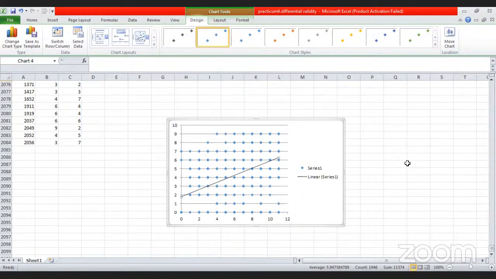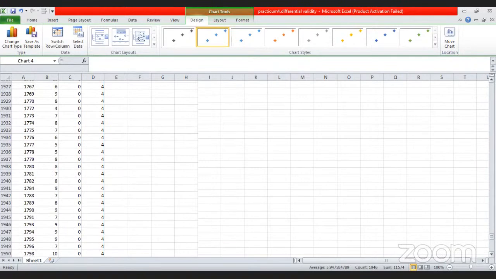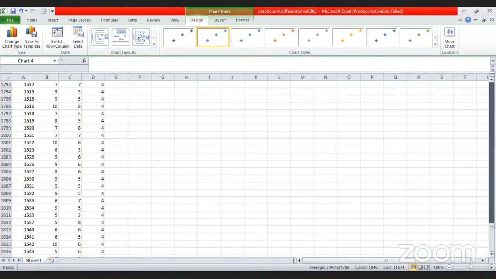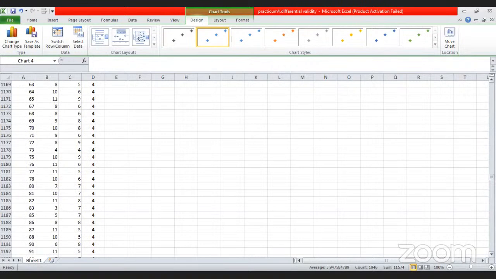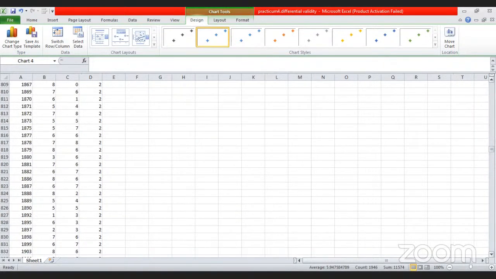So those are the scatter plots. You can see here four scatter plots are different from each other. Do you know what a scatter plot is? For what purpose do we use it?